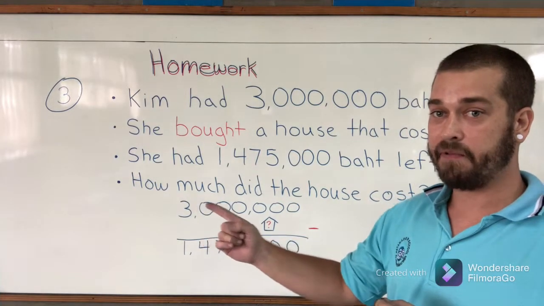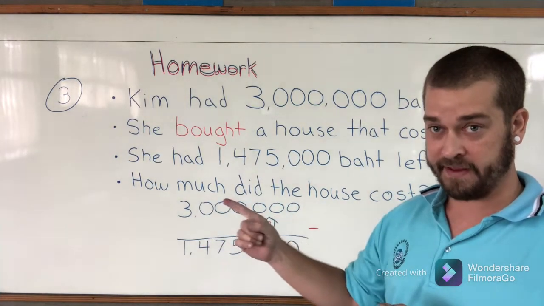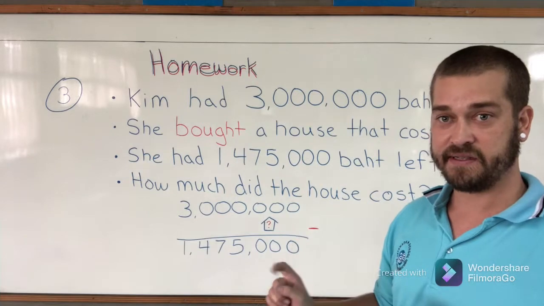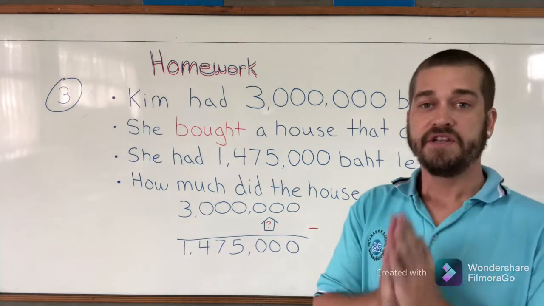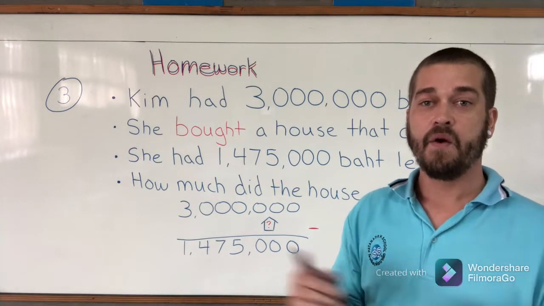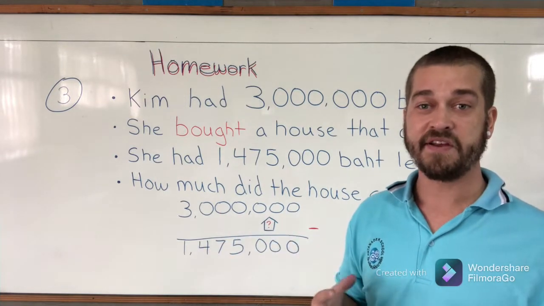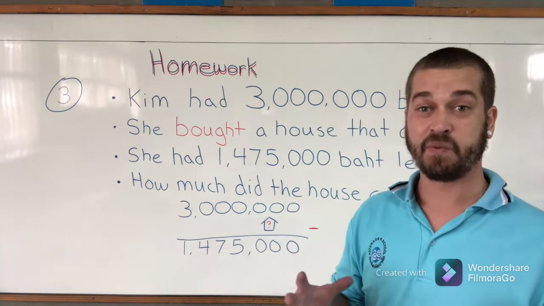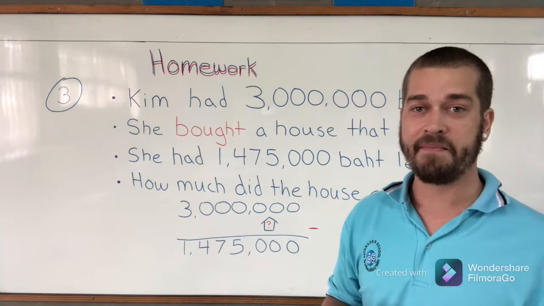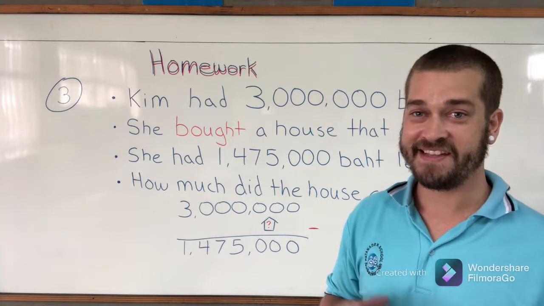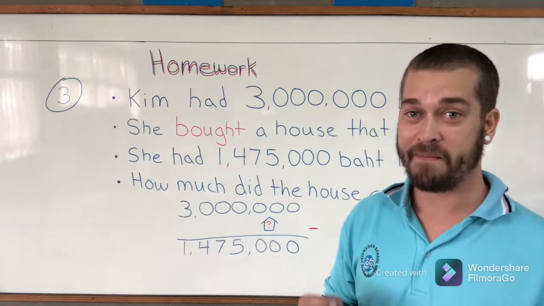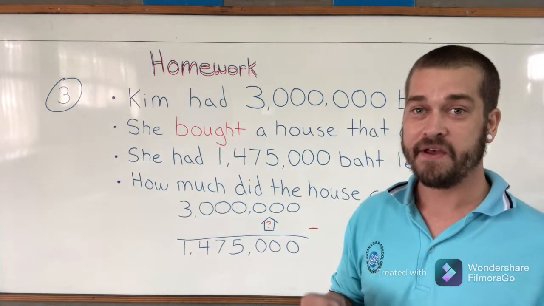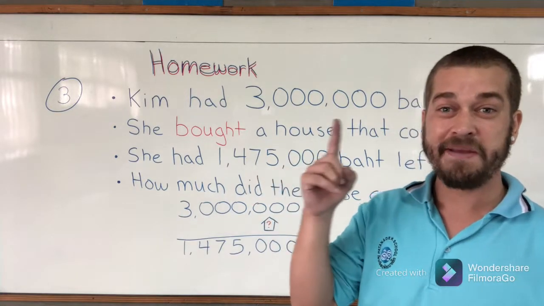Well, here's the problem in our minds. We have 3 million minus the house gives us this much. Just like the problems we've already done, we can't do problems like this. So we're going to use our fact statements to swap them around. Now, remember, 4 minus 1 is 3. 4 minus 3 is 1. The 4 is the 3 million baht.